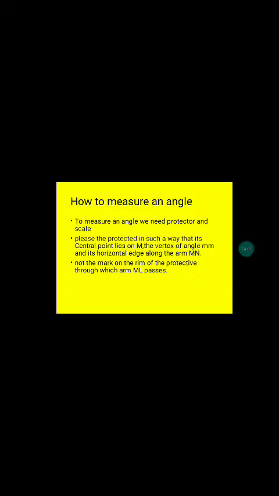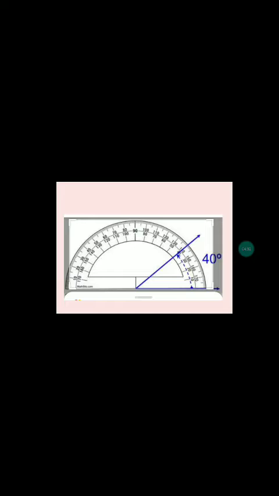for that we need 3 things: a pencil, a scale and a protractor. Okay, to measure an angle we need 3 things. So let's do an activity. What you have to do is draw a line.